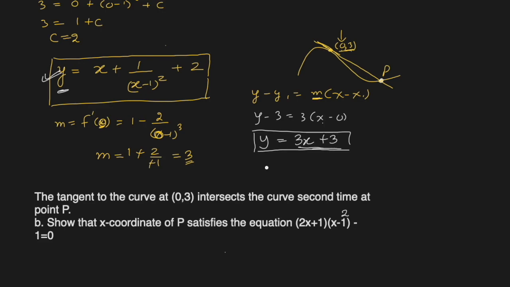And we'll make a new equation out of it, which is, let me do it here, 3x plus 3, which is the y coordinate of the line, equals x plus 1 over (x minus 1) squared plus 2, which is the y coordinate of the curve. They are equated, and we just have to rearrange them.